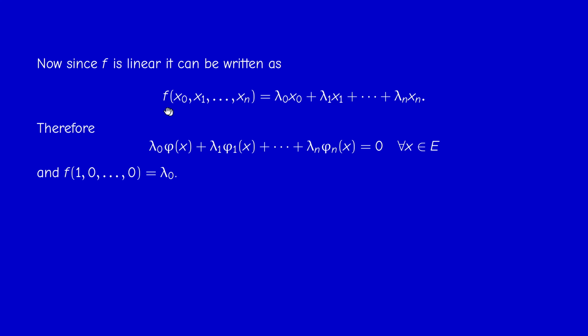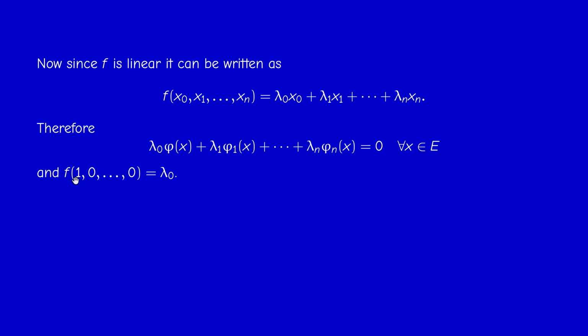So since f vanishes on the image of F, when I replace the arguments by phi of x, phi 1 of x, ..., phi n of x, the fact that f vanishes on the image of F means that lambda 0 phi of x plus lambda 1 phi 1 of x plus etc., plus lambda n phi n of x is 0 for all x in E.